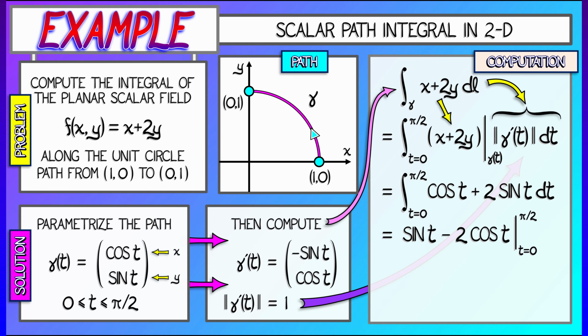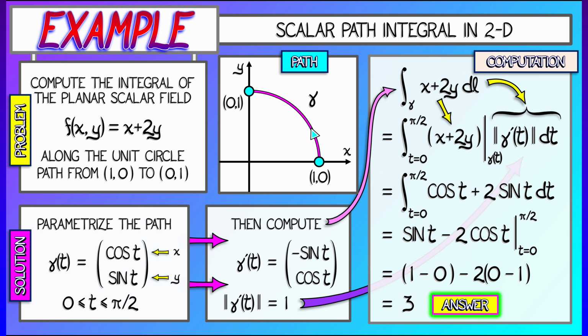When we substitute in t going from 0 to pi over 2, we get 1 minus 0 minus twice 0 minus 1, for a net answer of 3. That means when you're adding up the values of this scalar field, x plus 2y, along the circular arc gamma, what you obtain is a final answer of 3.